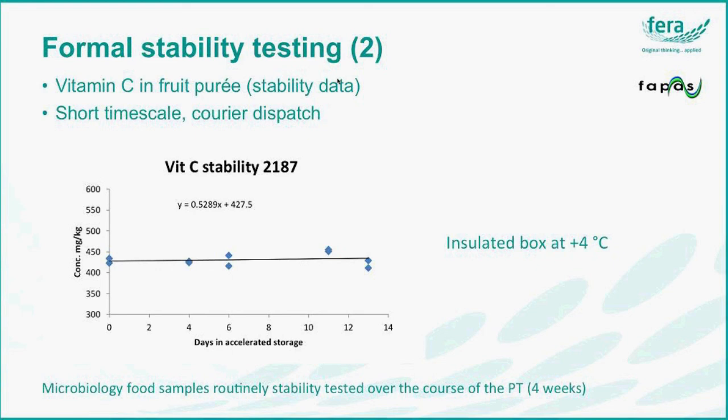We shipped the samples in insulated boxes, and we did an experiment where we had samples in an insulated box at 4 degrees C compared to the ideal storage conditions of -20. And we can see that over the period of time for transportation, so nearly 2 weeks, there was no evidence of instability at all.